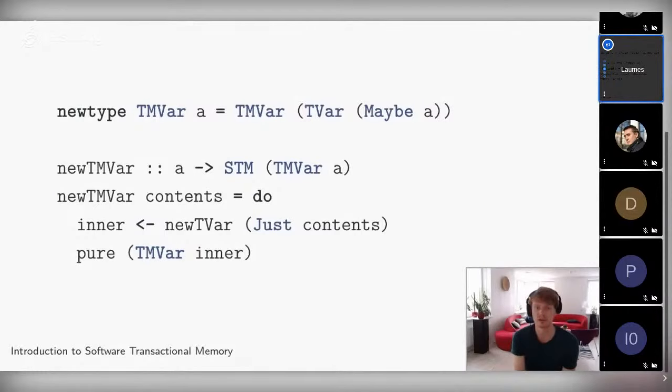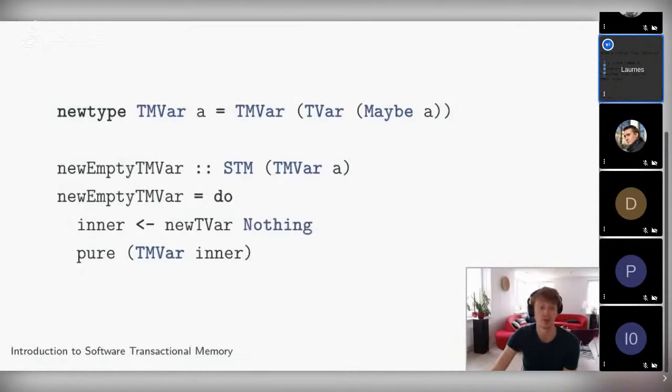So a TMVar is a newtype over this TVar Maybe a. If you want to create a new TMVar, you first have to give it some contents. It creates a new transactional variable with Just contents, and it returns the TVar wrapped in this TMVar newtype. That's actually the implementation, which is really cool. And if you want to create an empty TMVar, then you use Nothing instead of Just. So these are pretty related.